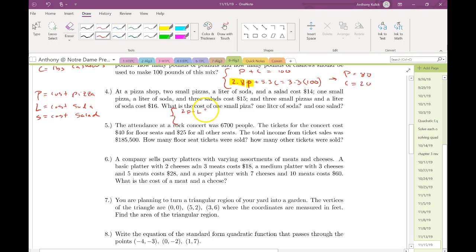That's okay. And then plus S equals 14. Very good. So all Caden did was use this sentence right here. Basically told us exactly what the equation was going to be, right? 2 pizzas, 1 liter soda, 1 salad, and it costs $14. Everybody's okay with that?